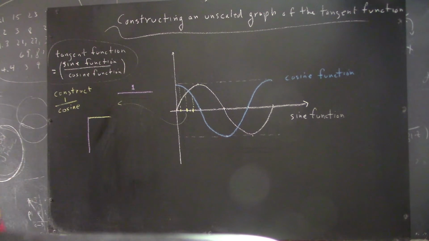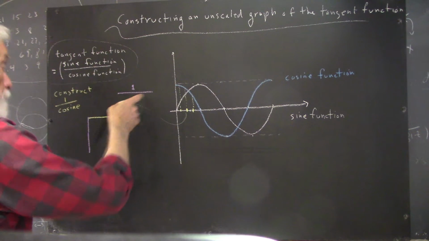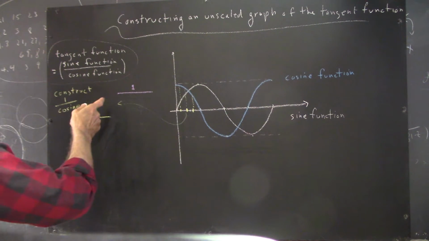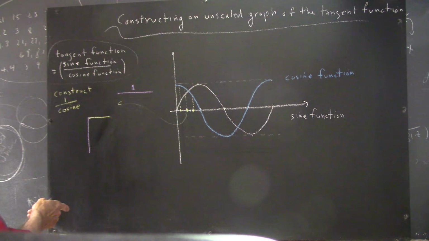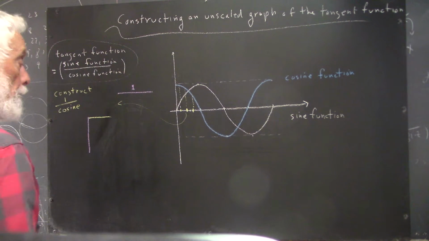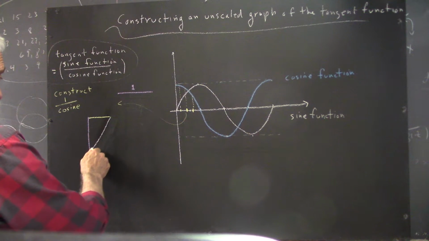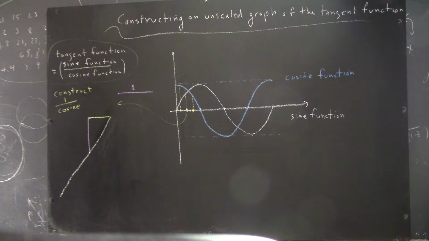Now, in a minute, I'm going to want to extend this side so its length corresponds to 1, so that the length of this side of our new triangle, similar to the old one, will represent the value of the reciprocal of the cosine. So anticipating that, I'm going to draw the hypotenuse. I'm going to keep going, and hopefully I stay along a straight line, but I didn't do a very good job of that at all.